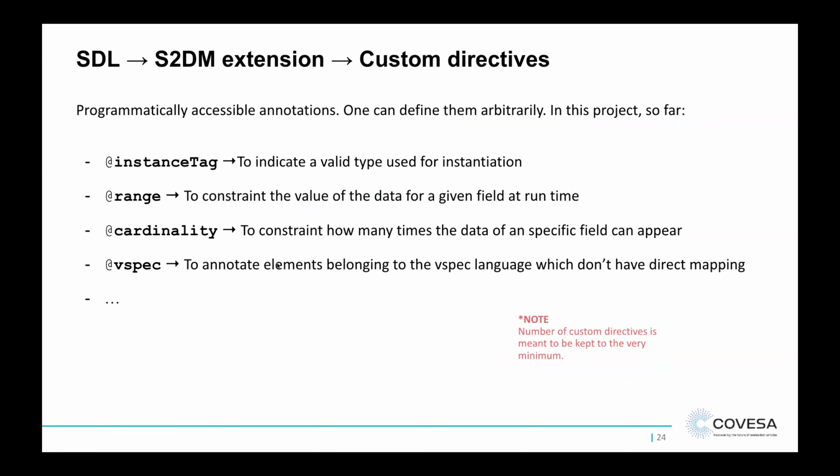We can apply constraints to the value by defining range and cardinality. And if we all agree on custom tags, say I'm defining my vehicle signal specification in VSpec, when you convert it into S2DM format, we can add custom tags on top so that we are all clear. This is in-vehicle data that's defined using VSpec, but it's taken into the VDM ecosystem here.